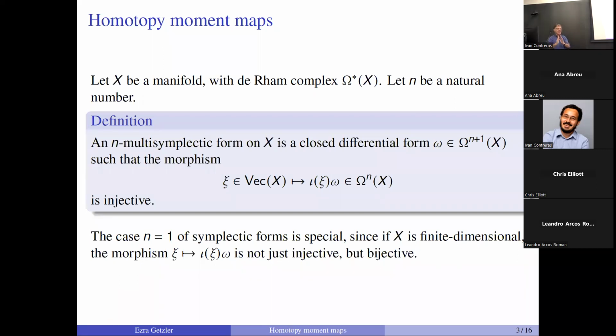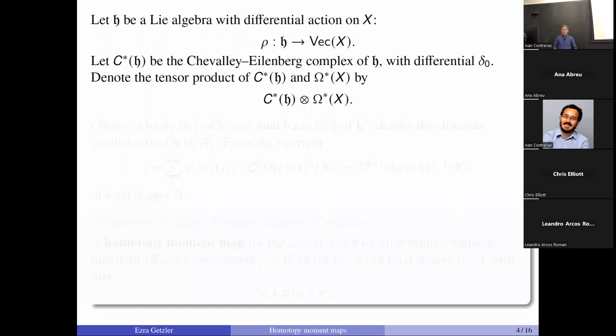But that's unique to the n=1 case. So throw that away. It's related to the previous remark I made. I'm going to have a Lie algebra, H, which is acting on my n multisymplectic manifold. It acts on the manifold by a homomorphism to the Lie algebra of vector fields, and those vector fields preserve the differential form.